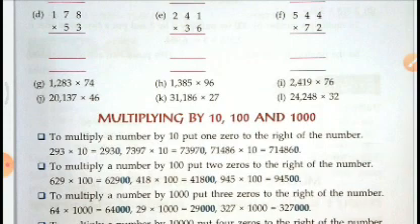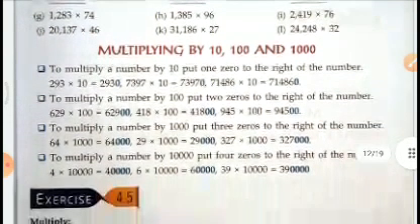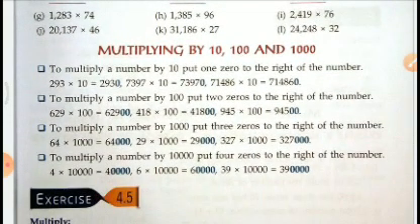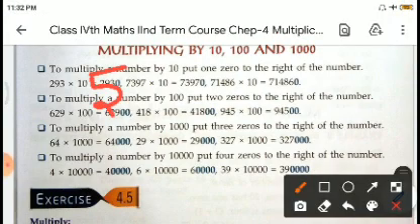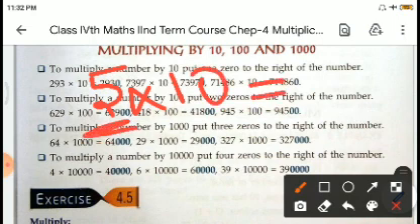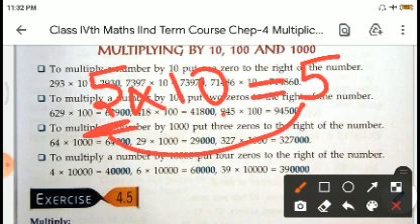Multiplication by 10, 100 and 1000. Now whenever we multiply any number by 10, suppose we have to multiply 5 by 10, you will write this number straight away here, and we will put this 0 after 5.